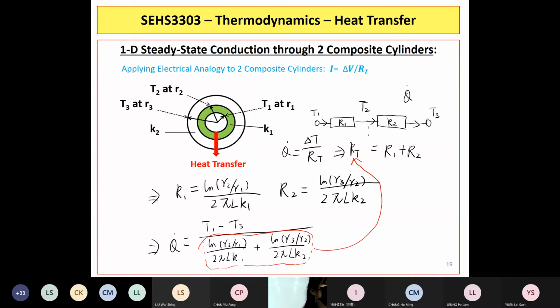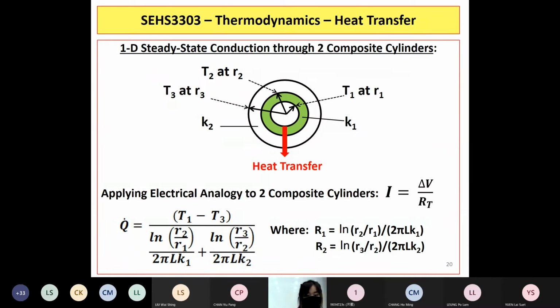These are the equations when we apply the electrical analogy to a two-layer cylinder or two-layer pipe. At this point, you should know how to calculate the conductive heat transfer through a multiple-layer cylinder or multiple-layer plane slab.